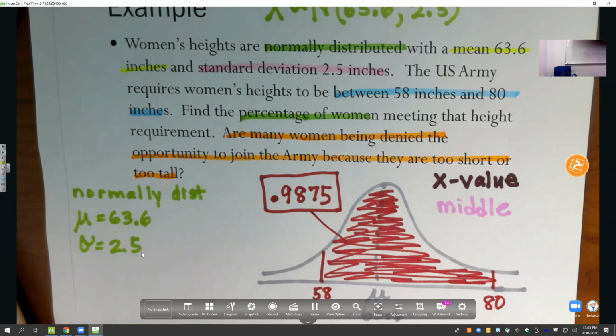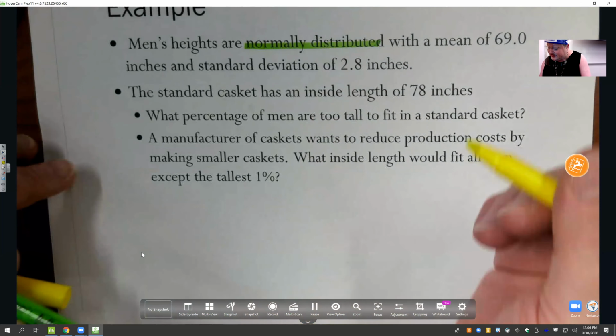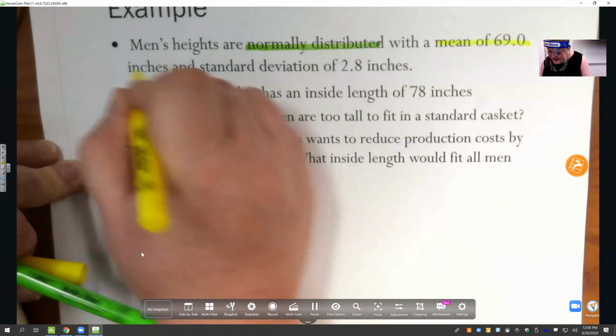Okay, let's see if we can go through one more before we go. I got 8 minutes. This time it says, men's heights are normally distributed, so they're telling us that it's normal, with a mean of 69 inches, so they're giving us the mean, and a standard deviation of 2.8 inches.